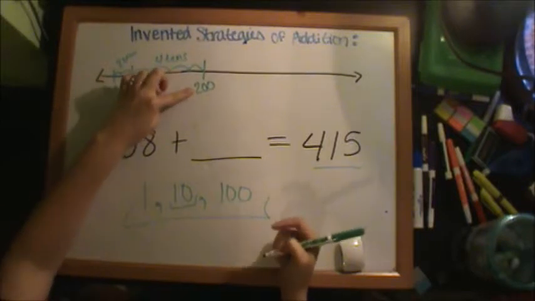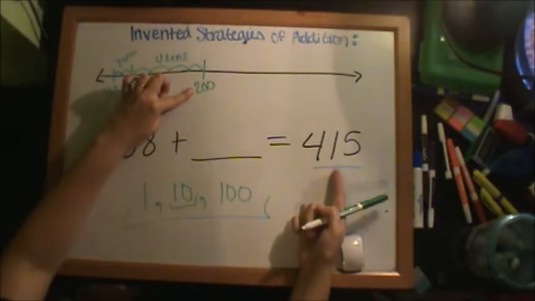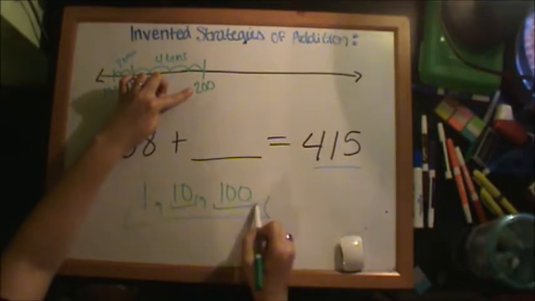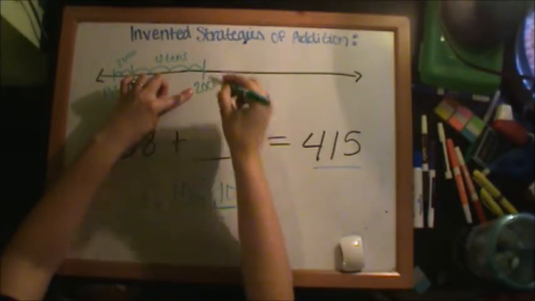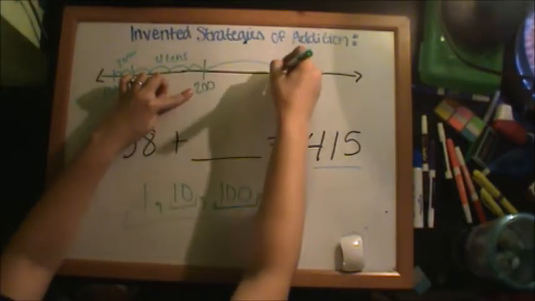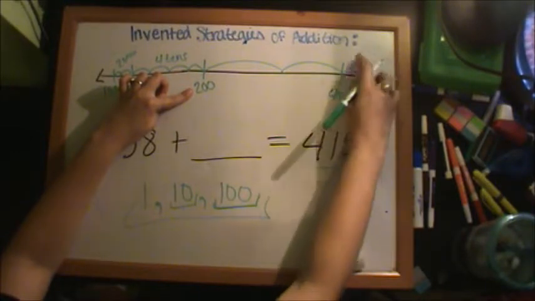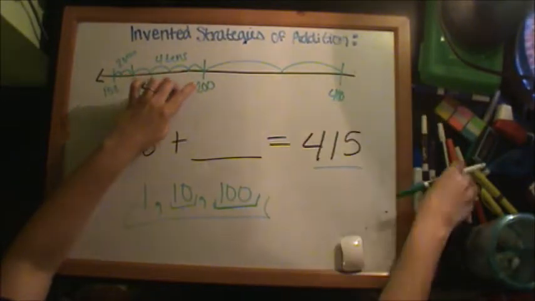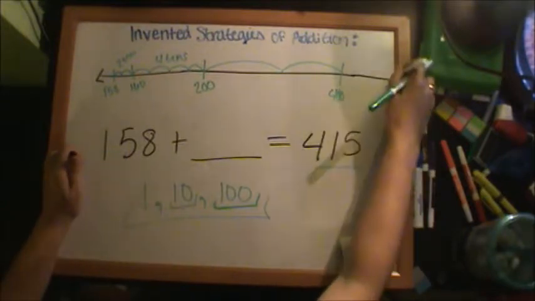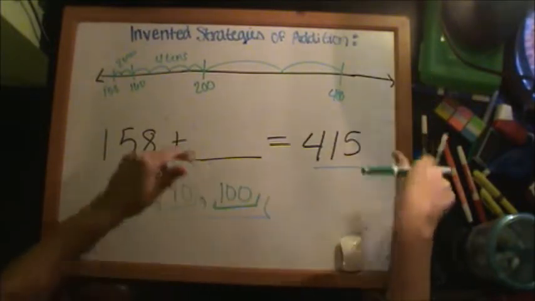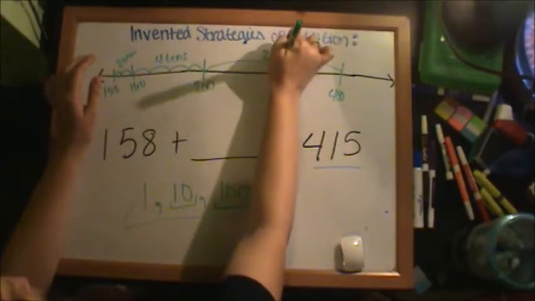Okay, I'm at 200. I need to get to 415 still. What do I do? This is when these hundreds come in handy. So we can say 200, 300, 400. And I'm going to need a little bit more number line here. Okay, I added 2 hundreds.